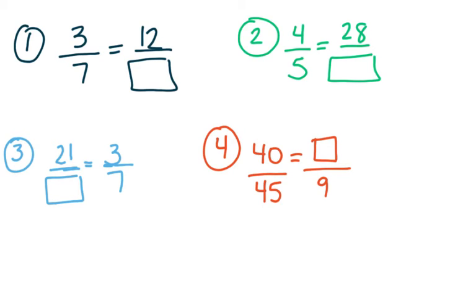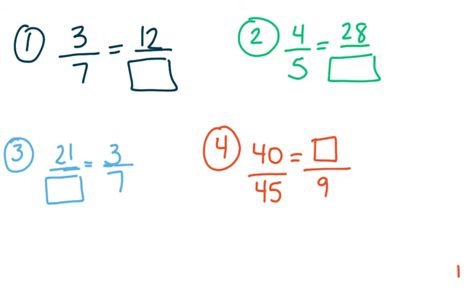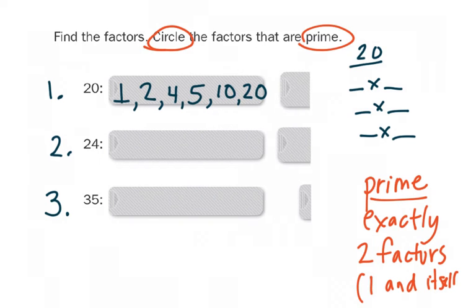So if I were going to go ahead and circle the ones that are prime, 1 is not prime or composite, 2 is prime, 5 is prime. So go ahead and do that for number 2 and number 3. You will need to stop your video and complete this on your whiteboard. Go ahead and pause it.